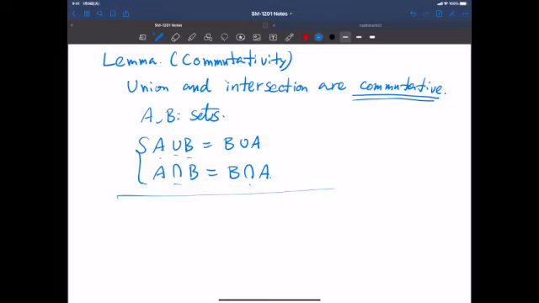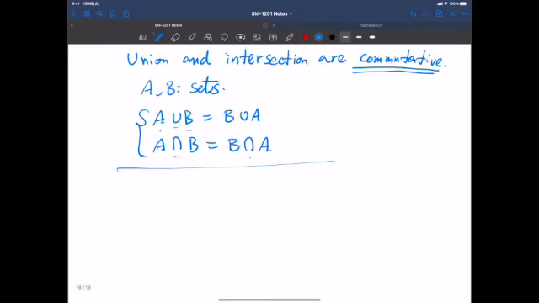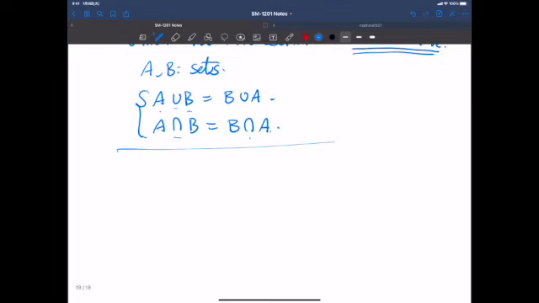It seems trivial, but we need to prove this because from the definition, it is not immediate. This commutativity seems trivial because you're used to the commutativity of numbers.